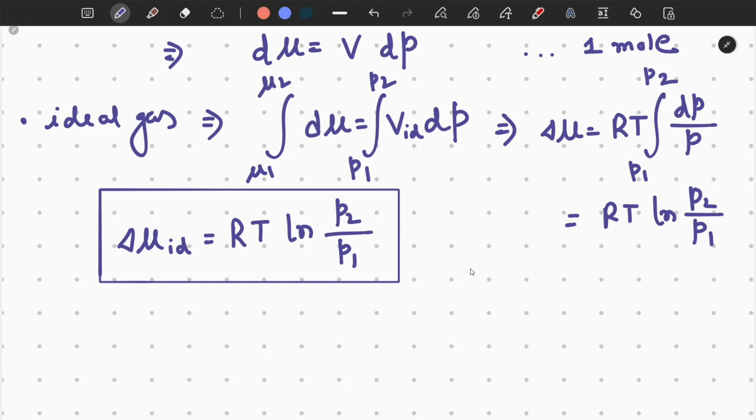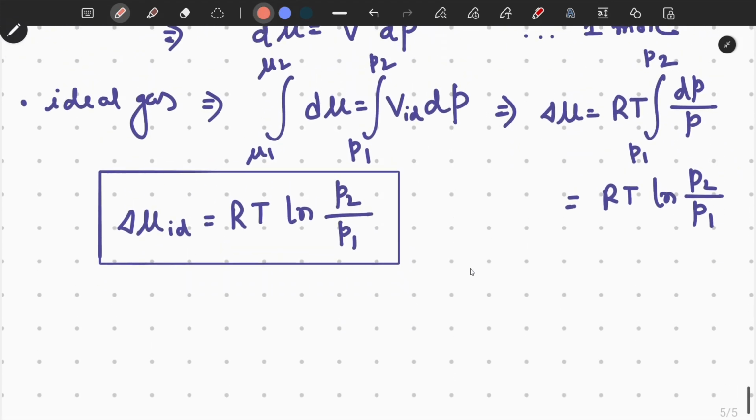But if it is not an ideal gas, then obviously this should be changed, because for real gas we have to replace pressure by fugacity. So you can think like that for real gas, f V equals nRT, like this. It's true even for Van der Waals gas.